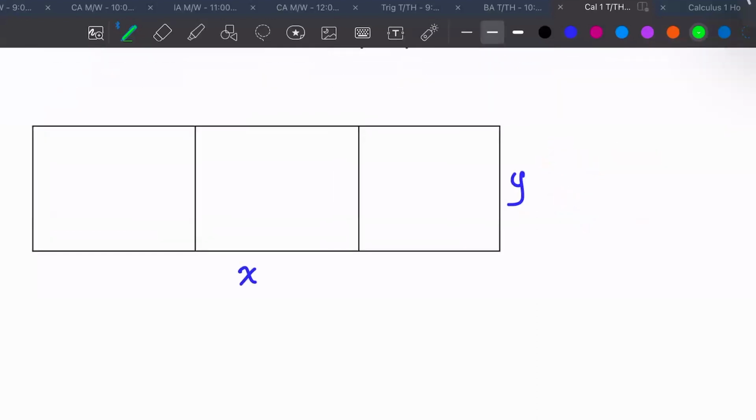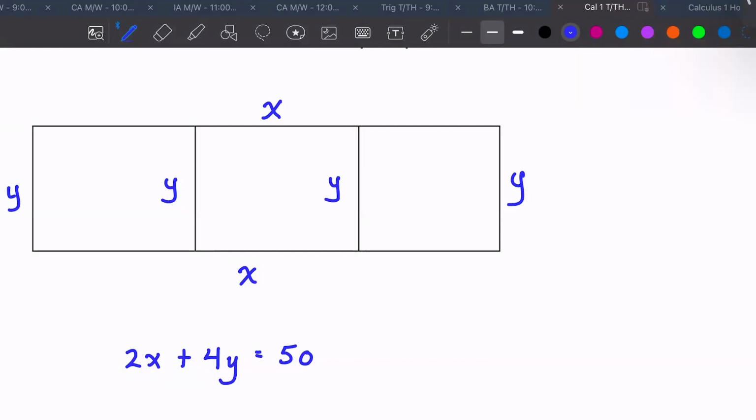So if the bottom is X, then the top is X, right? And then if the side is Y, this side is Y, but also this length and that length are Y, right? So we have 2 X's plus 4 Y's give us 50 feet of fencing, right?